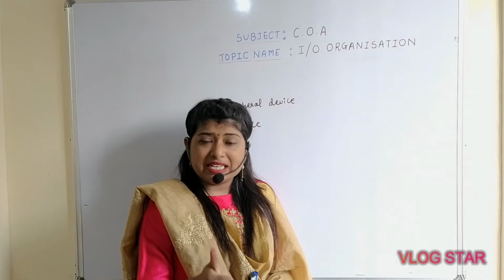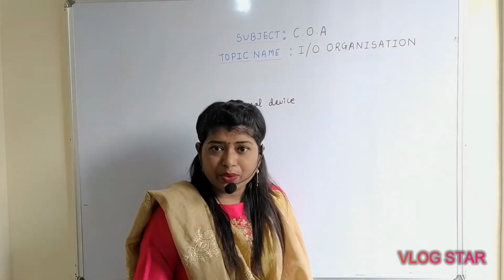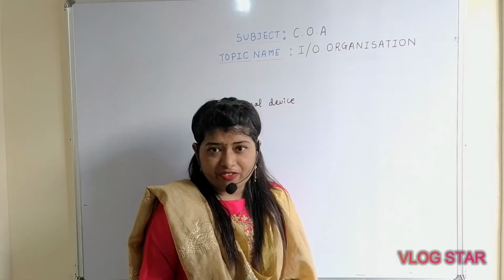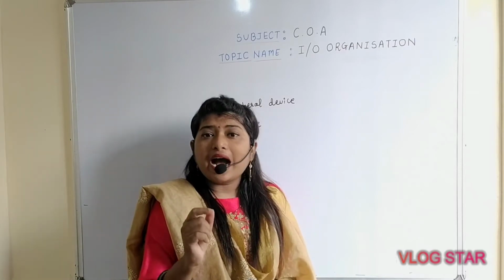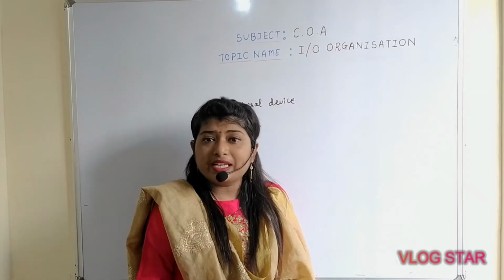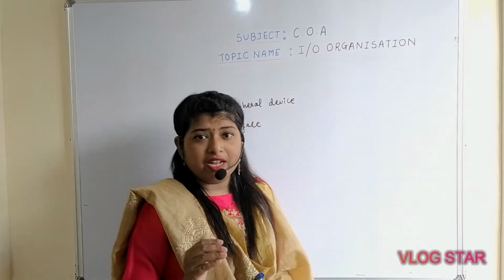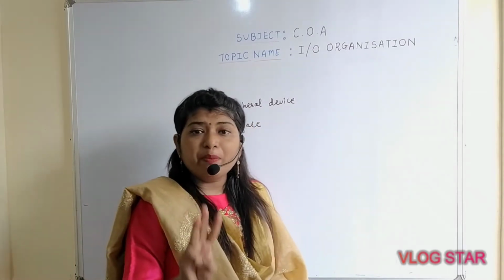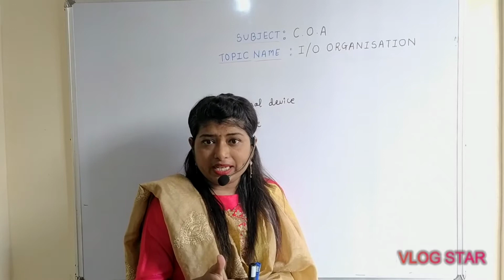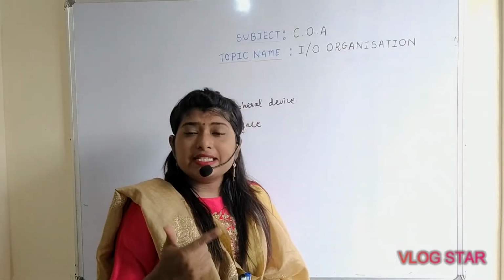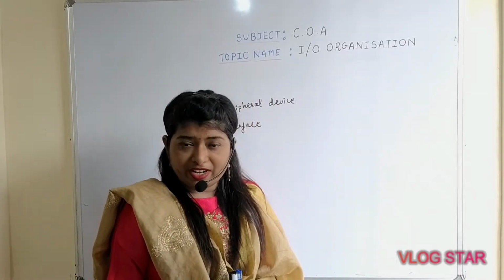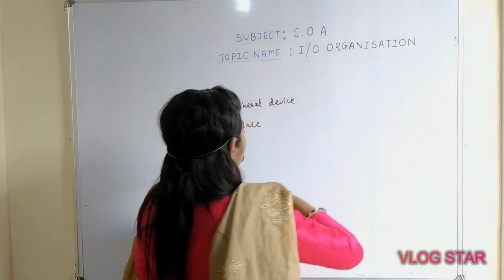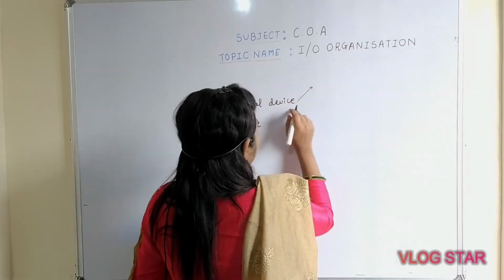So what are the types of peripheral device? This device is divided into three different types. The first one is input peripheral, the second one is output peripheral and the third one is input output peripheral. Come on, tell me the first important type of the peripheral device.